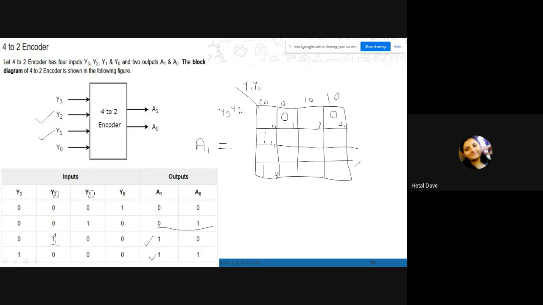What should I put in the rest of the cells? Generally, what happens in the truth table? All combinations are given. Some cells will have 1, some will have 0. Here, 2 cells have 0, 2 cells have 1. What about the rest of the cells?